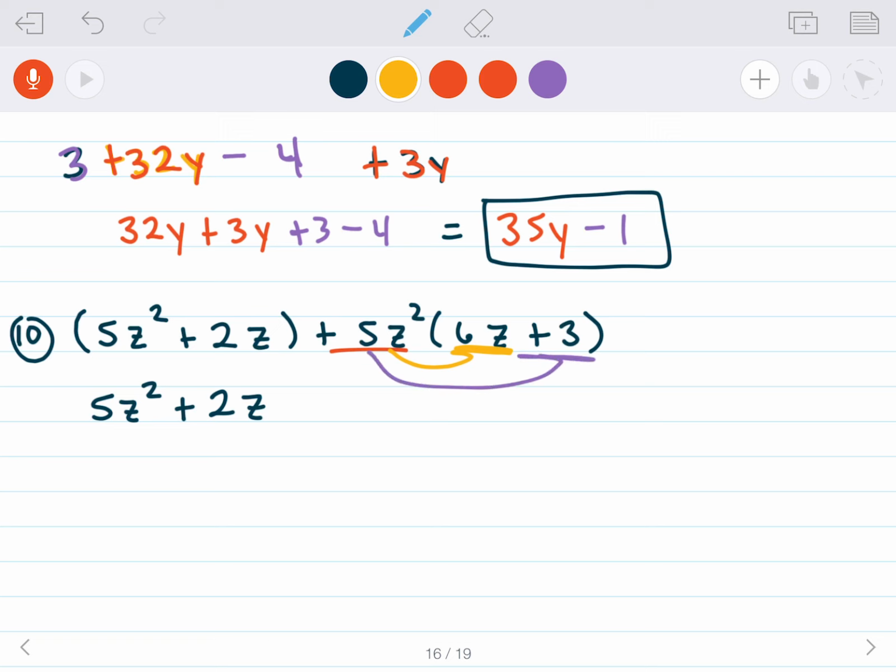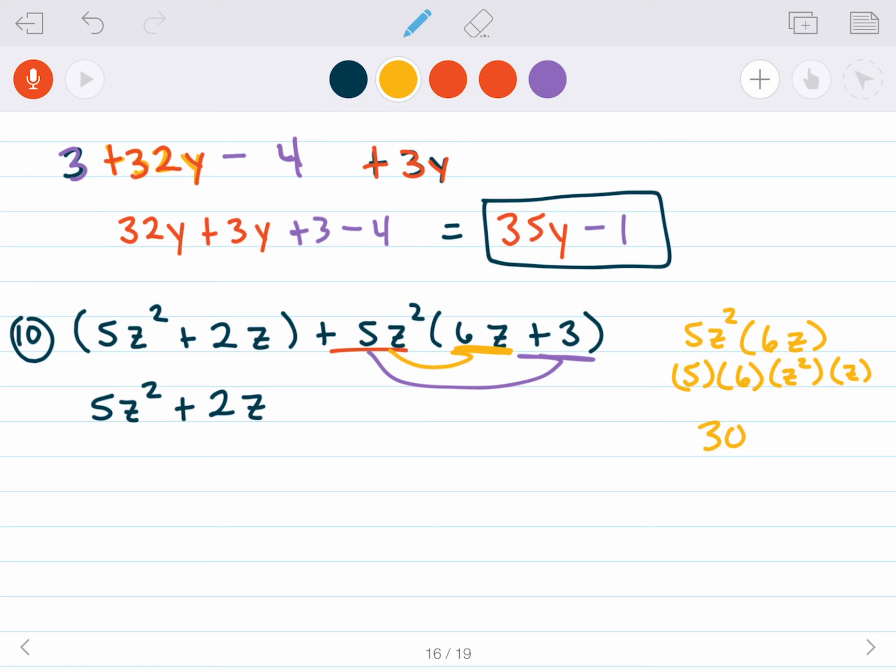So for the yellow, I have 5z squared times 6z. Again, use the property of multiplication that says that it commutes. We can switch the order. So I'll put the numbers next to each other when I multiply, and then I'll put the z's next to each other when I multiply. 5 times 6 is 30. Z squared times z, well, z squared is z times z.